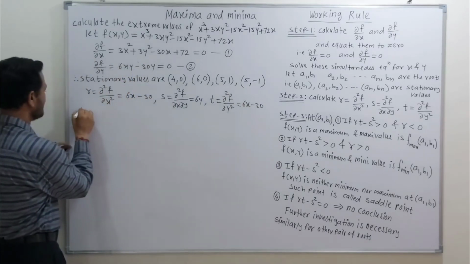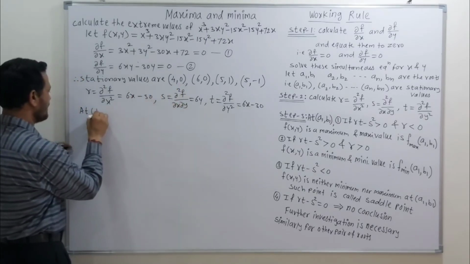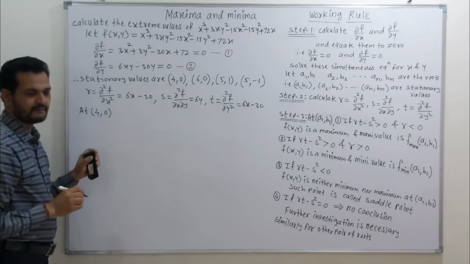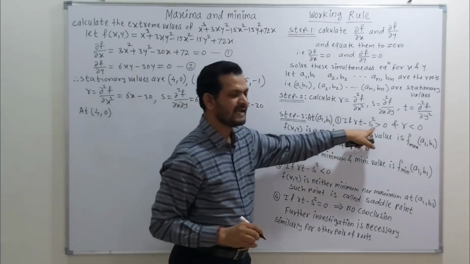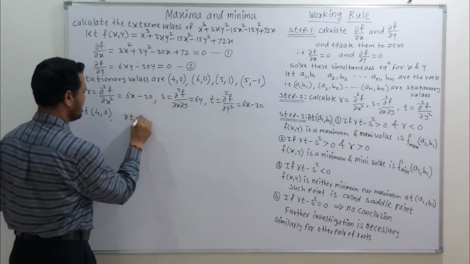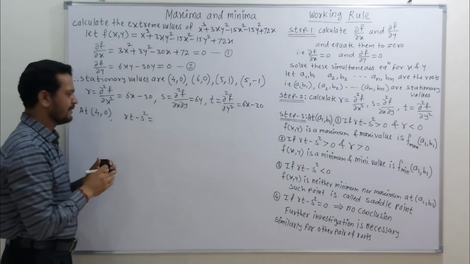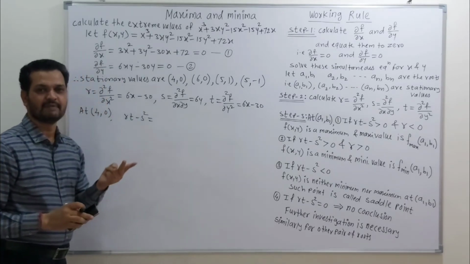If we consider the first point, the first stationary point is (4, 0). At the point (4, 0), calculate the value of rt minus s squared. Before directly going to this value, we can solve this example in two ways.